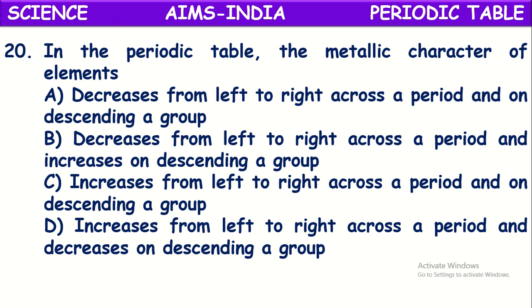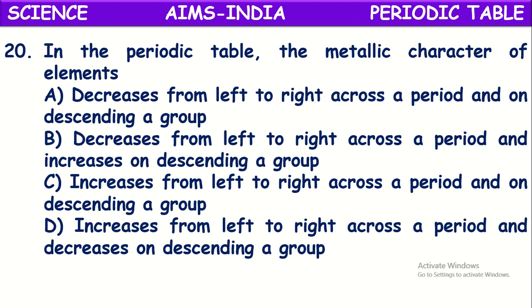So as atomic size increases, the tendency of losing electrons increases, thereby metallic character increases in a group from top to bottom. And it decreases in a period from left to right because size decreases. Tendency of accepting electrons increases but losing tendency decreases. So you can say metallic character in a period decreases from left to right.